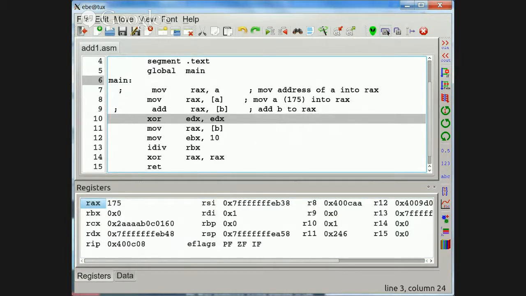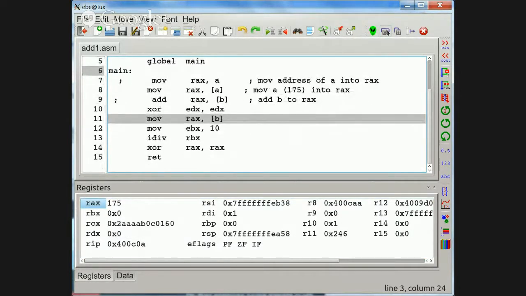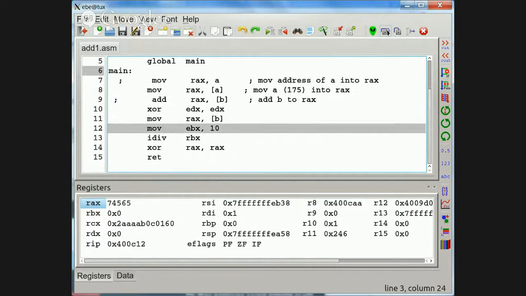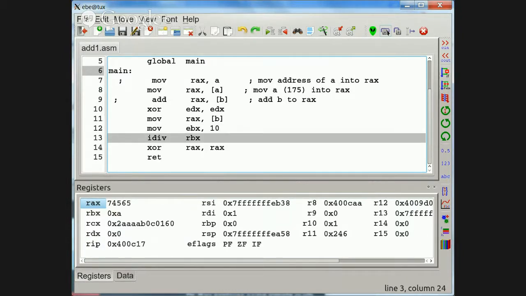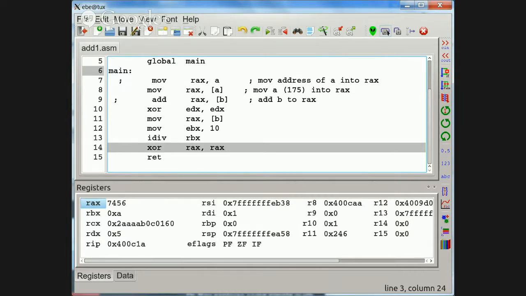All right. Move 10 into RBX. So now RAX has 74565. One more step, I'll be kind of tired of things.